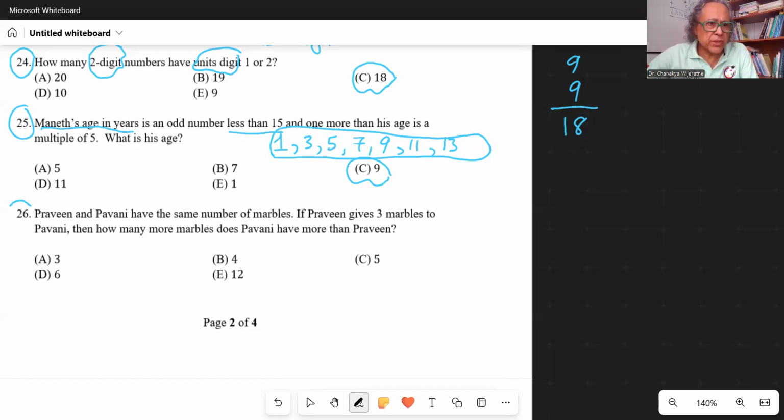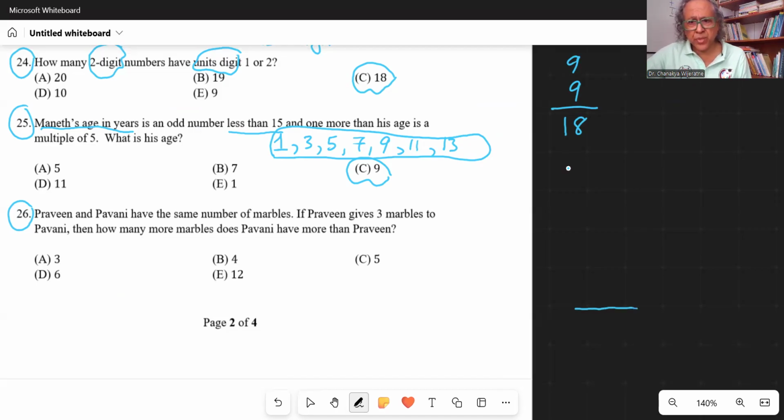So we go to the next question. Praveen and Pavani have the same number of marbles. If Praveen gives 3 marbles to Pavani, how many more marbles does Pavani have than Praveen? At the beginning, they have the same number of marbles.